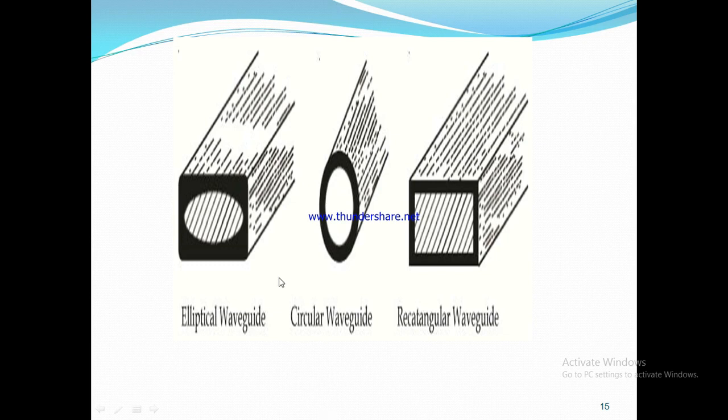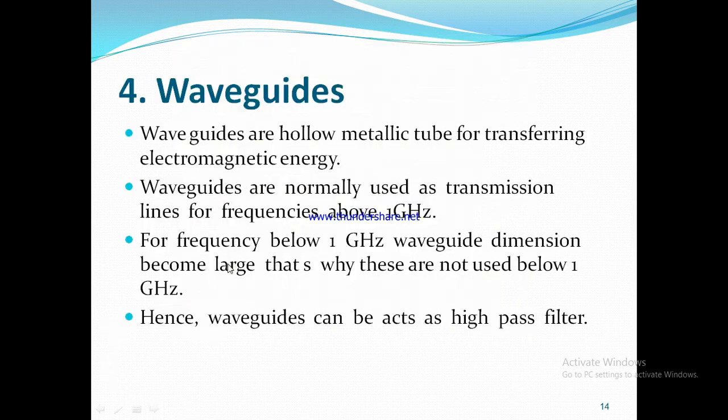These waveguides are more efficient than two-wire transmission lines and coaxial cables because of low radiation losses. The waveguides can handle more power than coaxial lines of the same size.